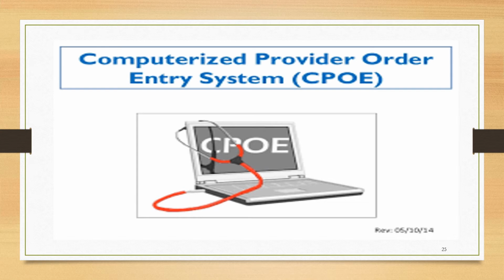Computerized provider order entry systems are essential components of ambulatory and inpatient clinical information systems. Why are they essential components? Because they allow a physician to prescribe electronically, communicate with various departments such as pharmacy, laboratory, radiology, intensive care unit, and also alert physicians on potential drug or drug allergy interaction.